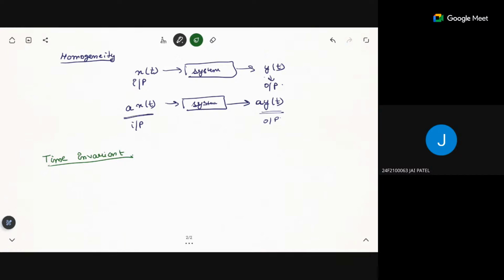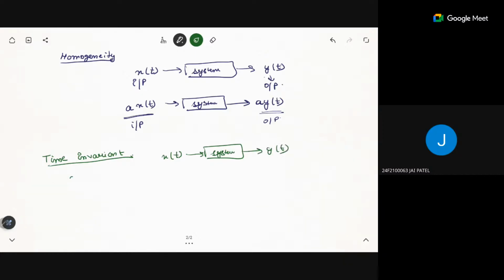Yes, you can say that, but let me explain it in a diagram: what is basically time invariant. There should be a shift, but how? The input is x(t), I give it to the system and take an output.